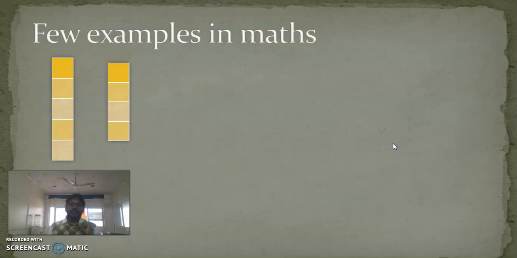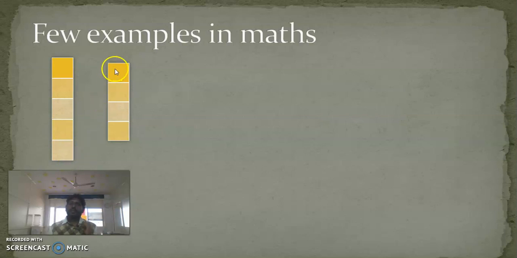Now a few examples using maths. We are taking two groups of boxes here, and we identify the number of boxes in the first bar and the number of boxes in the second bar. Let me start counting the boxes: 1, 2, 3, 4, 5. So the first bar contains 5.